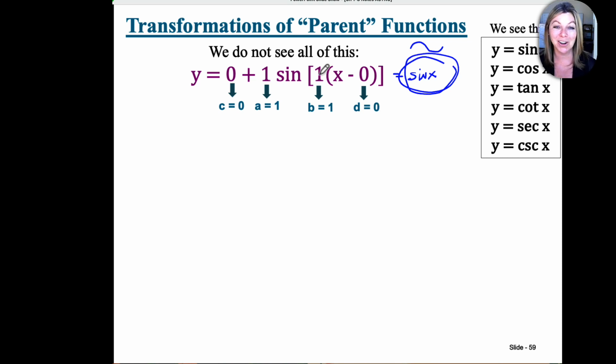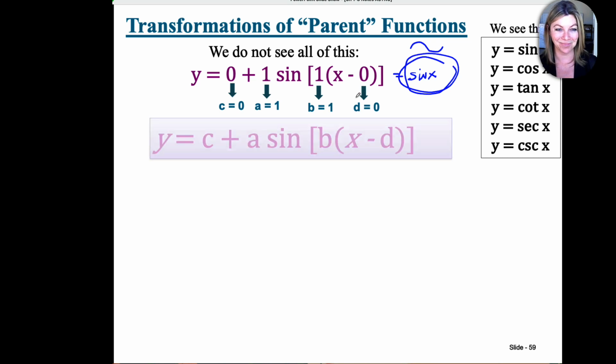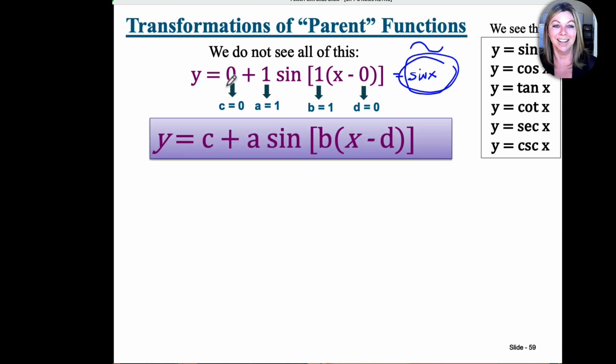We're going to go in order A, B, C, and D, lowercase, and it's going to paint us a picture of the ways that the parent function can be transformed. All right, here we go. C plus A times sine of B times the quantity of x minus d.